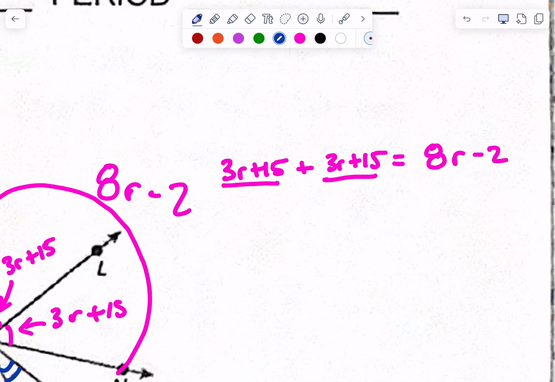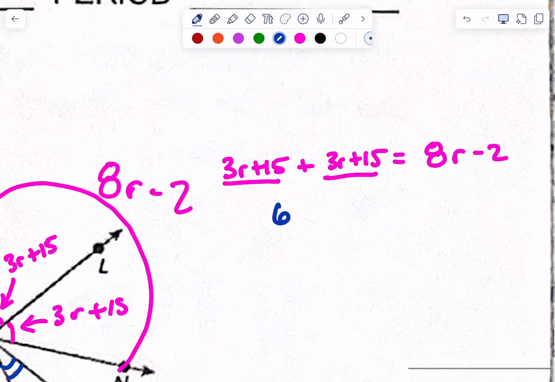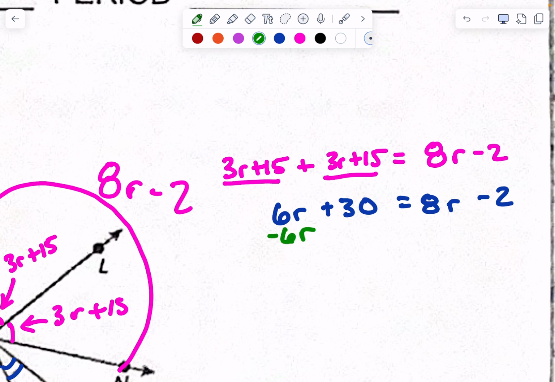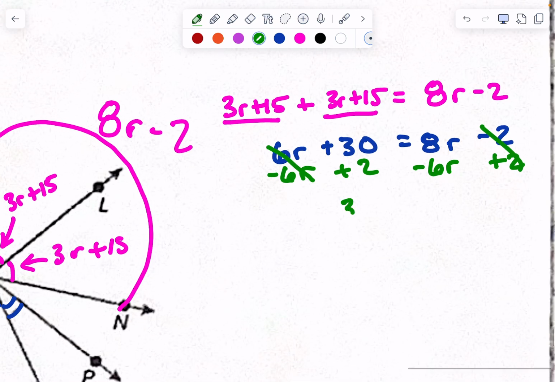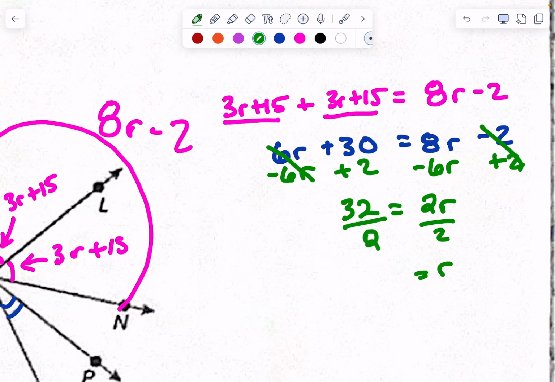Do we see how we get that? Okay, so this is 6R plus 30 equals 8R minus 2. And can I subtract the 6R? And can I add the 2 at the same time? Are we confused? 32 equals 2R and divide by 2. So R is how much?